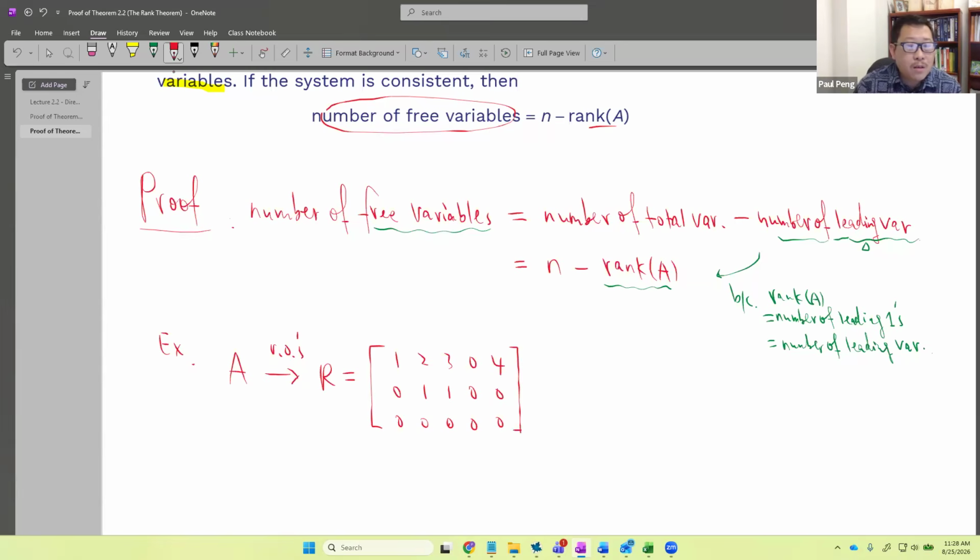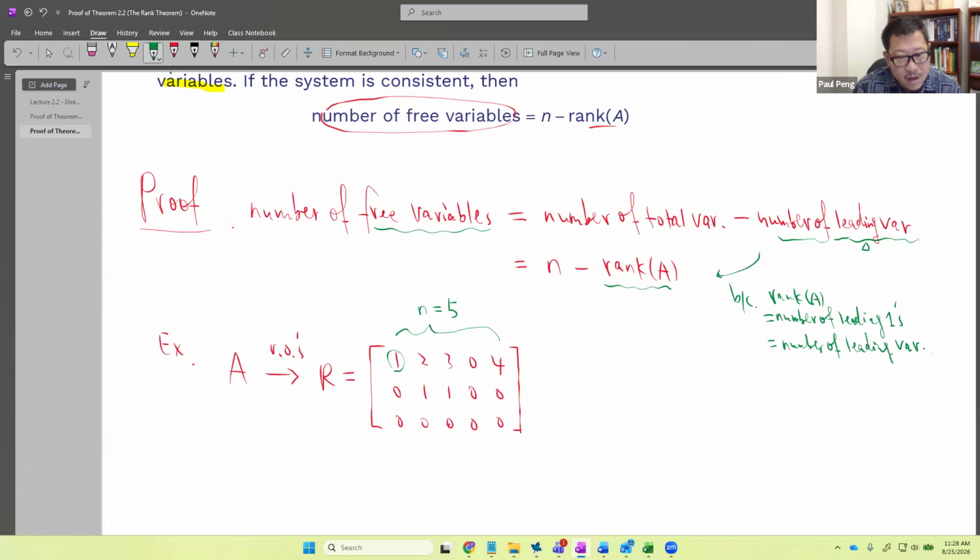Here n is the number of columns of the coefficient matrix A, which is 5 columns. That's the number of total variables.